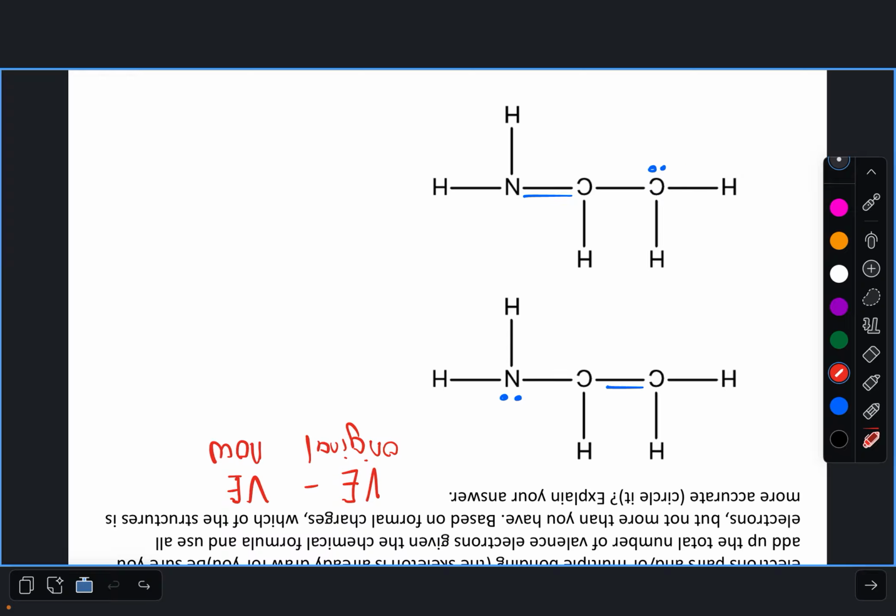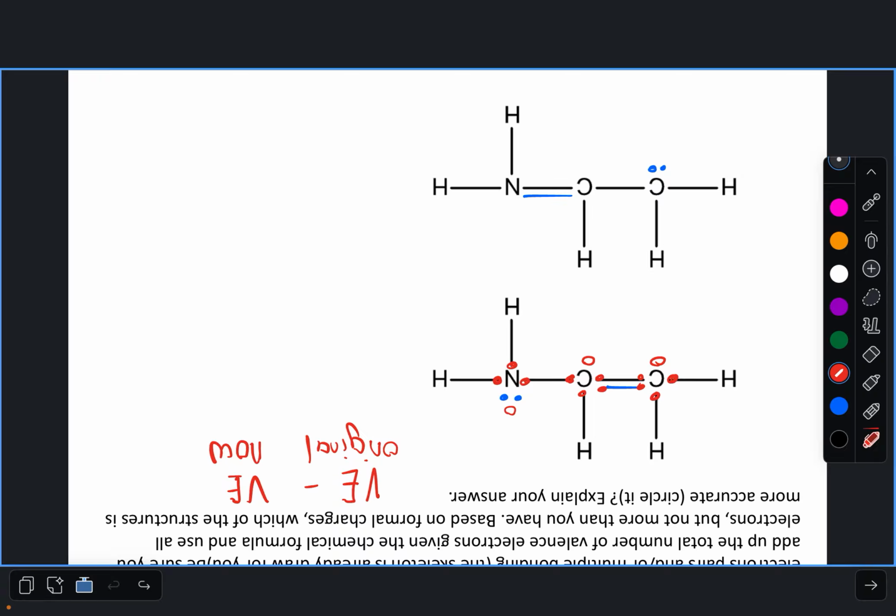The first carbon started with 4 and has 1, 2, 3, 4. Okay, so it's the same, 0 formal charge. Next carbon, 1, 2, 3, 4. Okay, 0 formal charge. And then the nitrogen, 1, 2, 3, 4, 5. Started with 5, ended with 5.